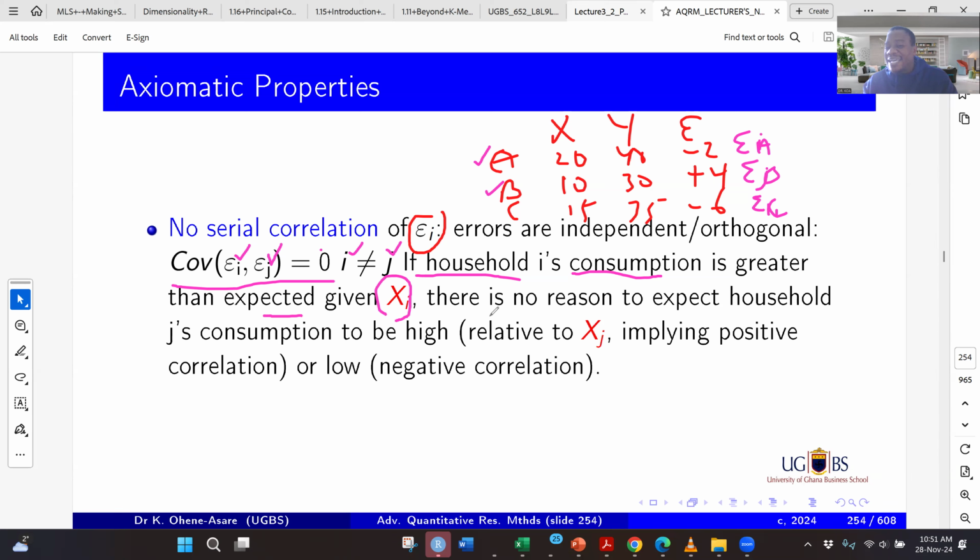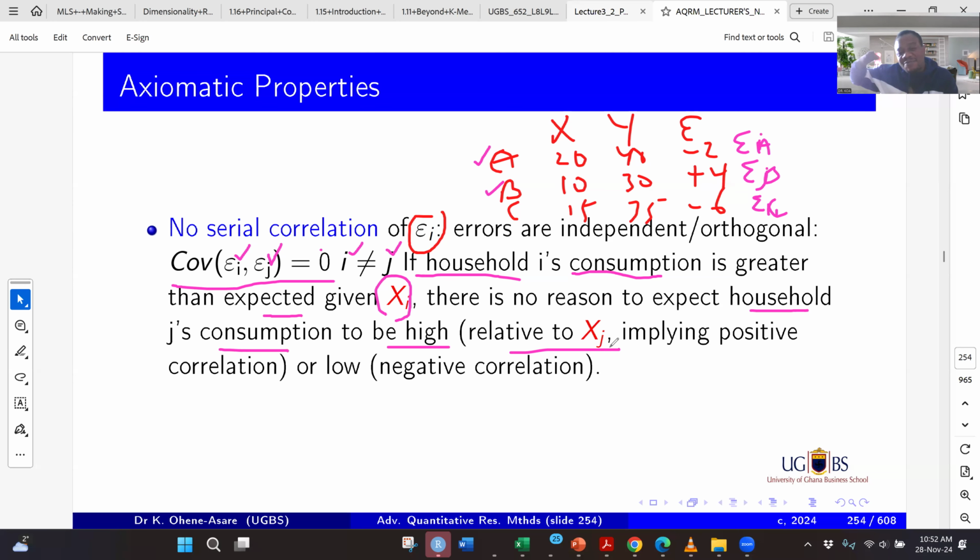Because of that, you think that since the guy in East Legon is living in a posh area, and another guy in Cantonment is also living in a posh area, then we are expecting the guy in Cantonment's consumption to be high compared to their income, because they are all living in what? Posh areas. Then the way this guy's is behaving, this guy's should also behave equally, implying that the two of them have some positive relationship.